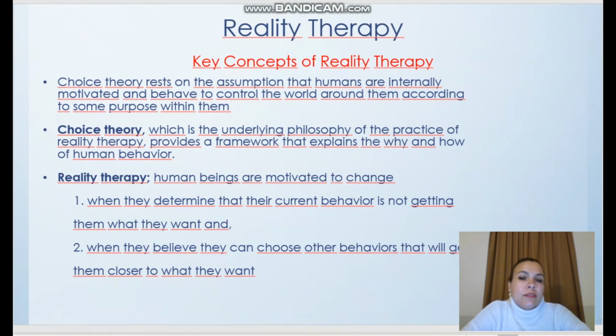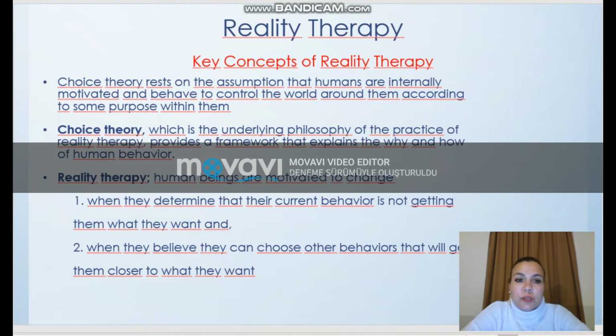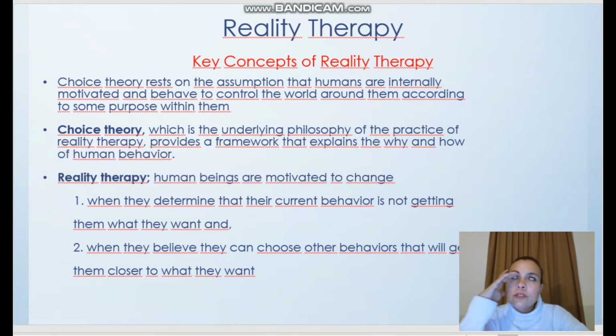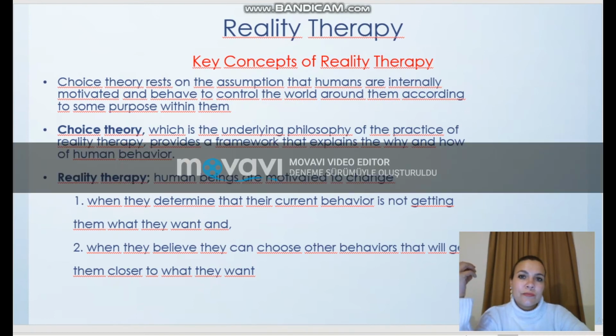Choice theory, which is the underlying philosophy of the practice of reality therapy, provides a framework that explains the why and how of human behavior. Try to catch the similarities and differences between different theoretical approaches, okay? Here it is said that humans are internally motivated to do some change in their environment.